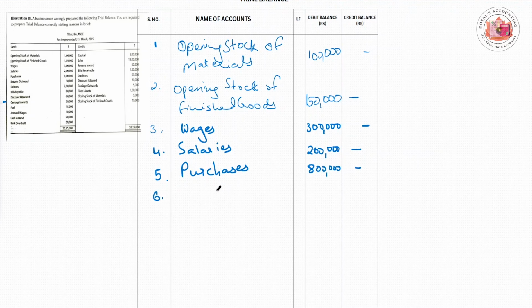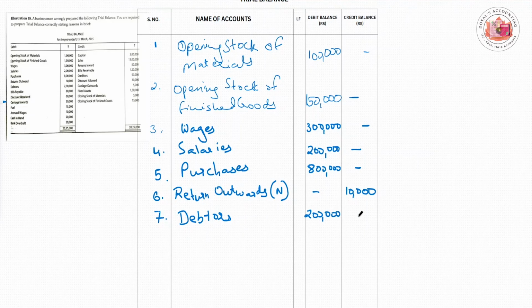Number 6. See, return outwards 10,000 is purchase returns. And purchase returns has a credit balance. So I'm writing an N here, which means there is an error. So credit 10,000. Number 7, debtors, debit balance 2 lakhs. Number 8, bills payable 80,000.